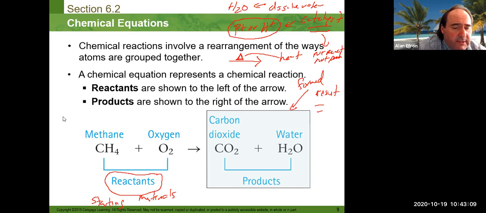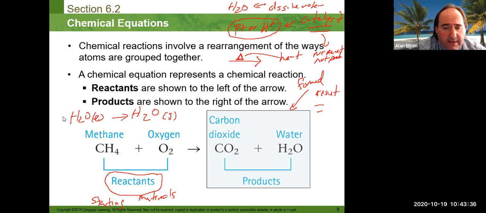But as I was mentioning a second ago, sometimes we do use chemical equations to represent physical changes. So for example, we can sometimes write a reaction that looks something like this. This is really a physical change that's happening. We're taking water from the liquid state to water in the gas state. So I would say most of the time we use chemical equations to represent chemical reactions and chemical changes.